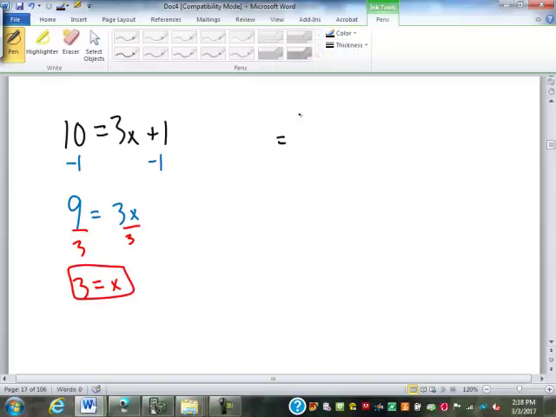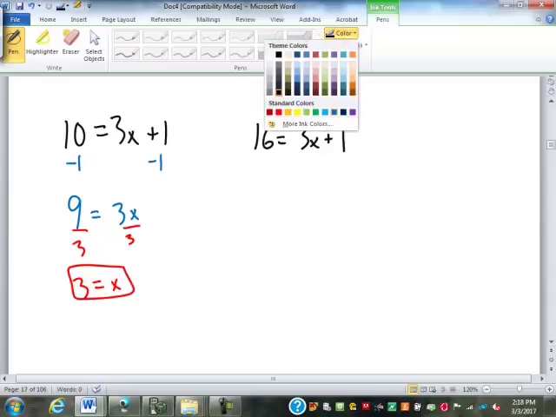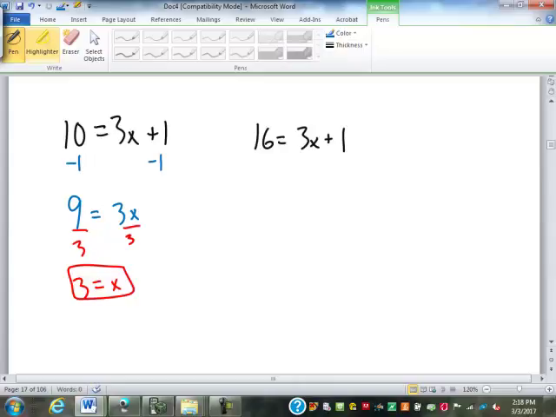Well, similar to that, we could have 3x plus 1 equals 16. If we look at this equation, we see that it's very closely related to this first one. The steps for solving it are going to be exactly the same. We're going to subtract 1, gives us 15 equals 3x, and again divide by 3. So 5 equals x.